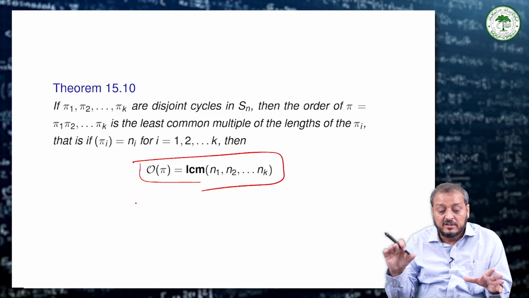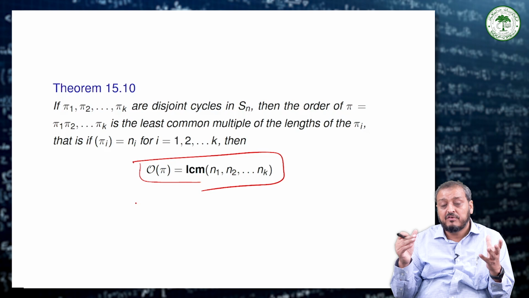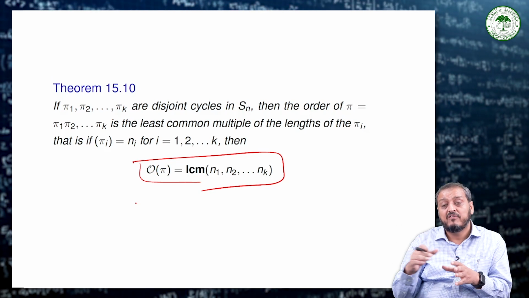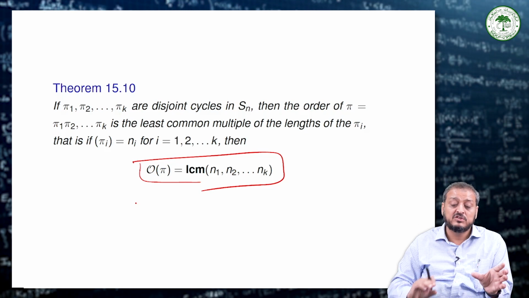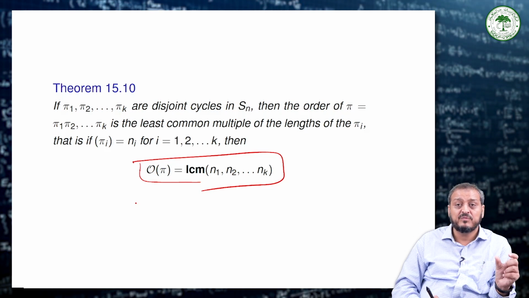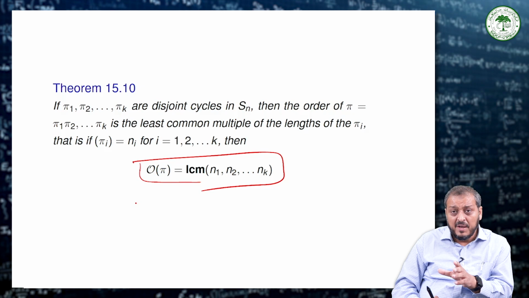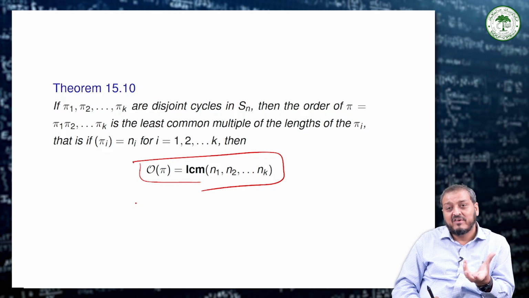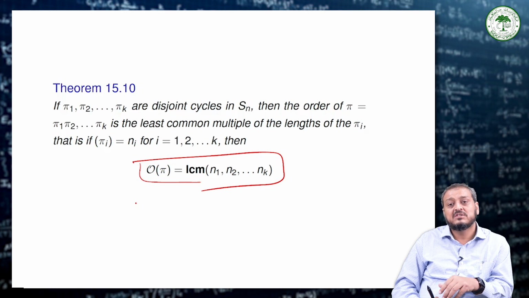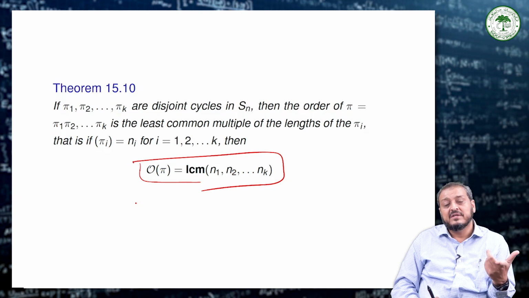So we calculate the lengths of the disjoint cycles π1, π2, ..., πk, take the LCM of these lengths, and whatever LCM comes out is the order of π.